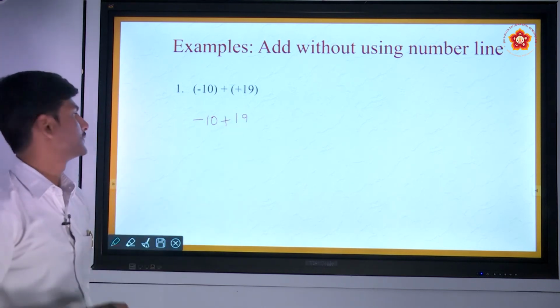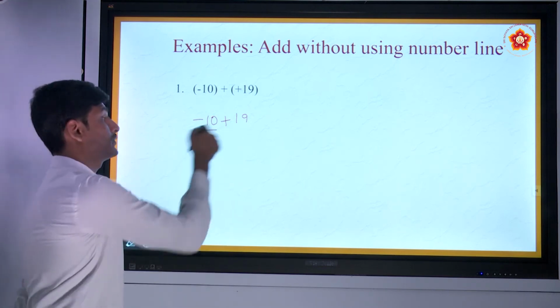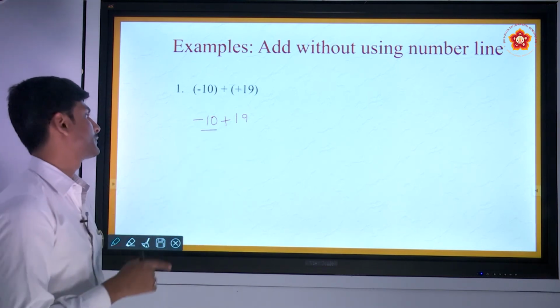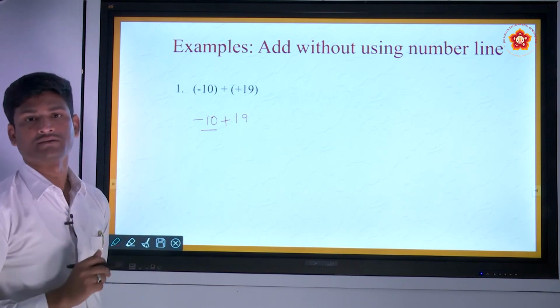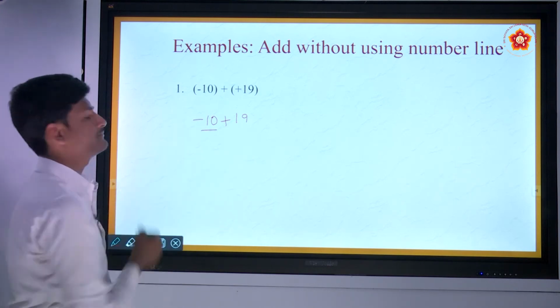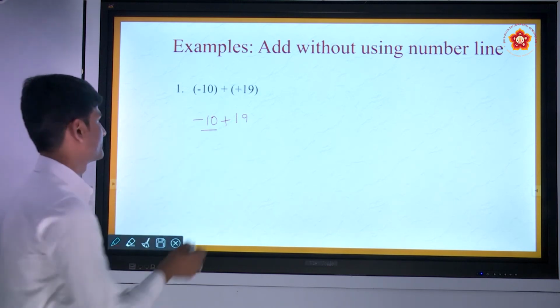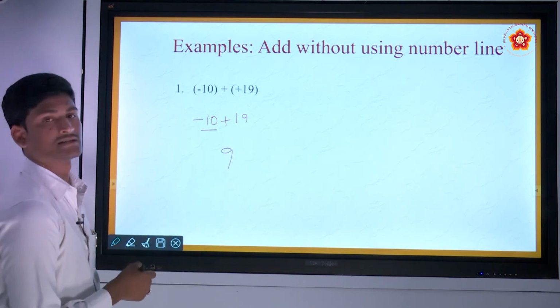When we have one negative integer and one positive integer, we must subtract, right? And the answer will take the sign of the greater number. 19 minus 10, how much? 9.